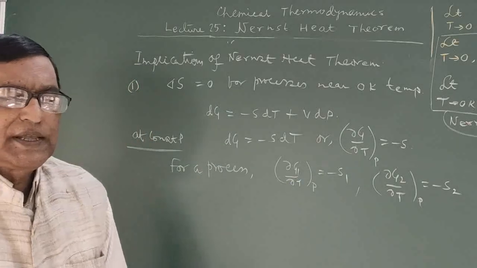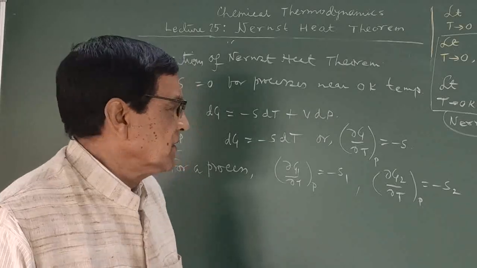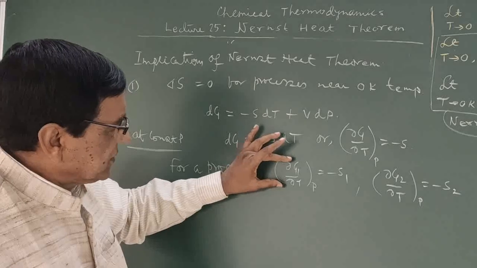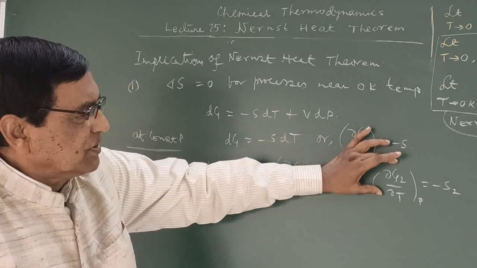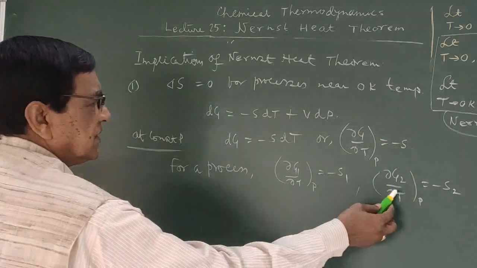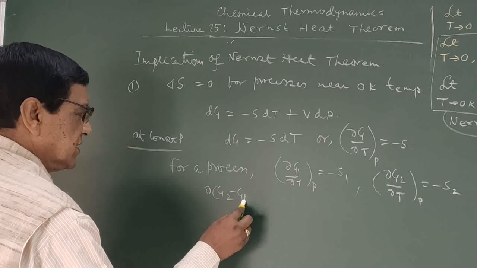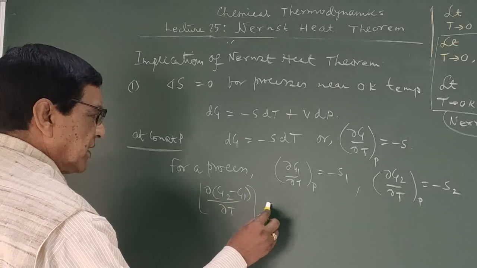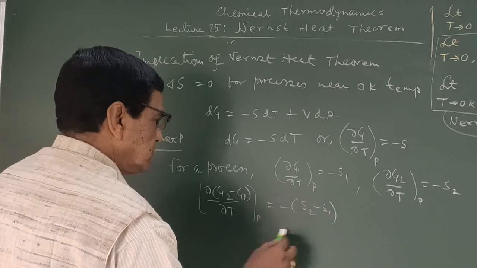S1 and S2 are the entropies of the initial state and final state for this process, and these are the isobaric temperature coefficients for the initial and final states. Taking the difference between these two, del (G2 minus G1) by del T at constant pressure equals minus (S2 minus S1).